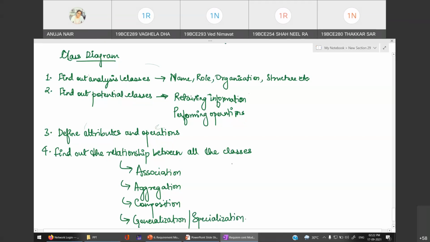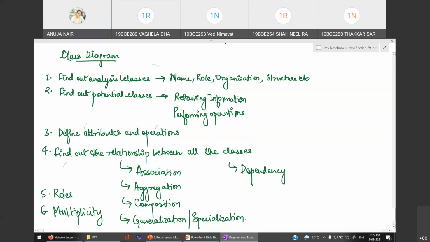Then we have something called dependency. That also we can define. We can also define roles. Roles also we had talked about. We have to define multiplicity. These all are part of class diagram, right? So these many things you need to figure out from a question.